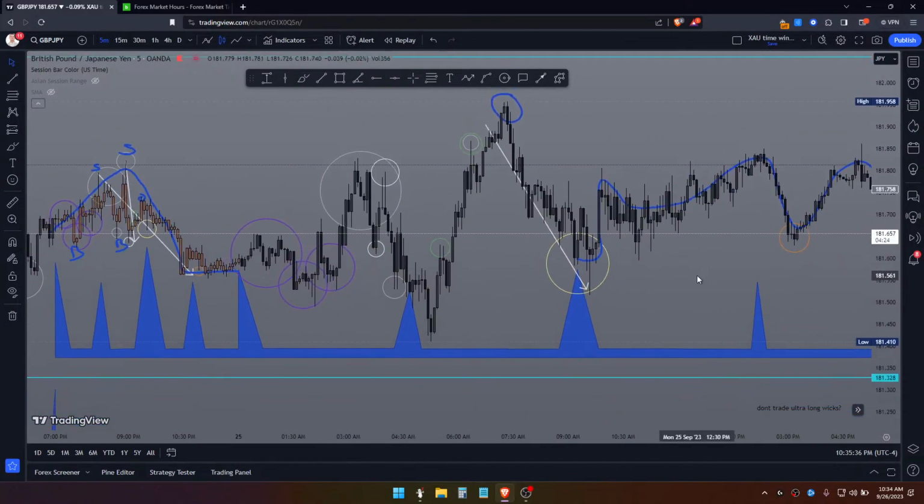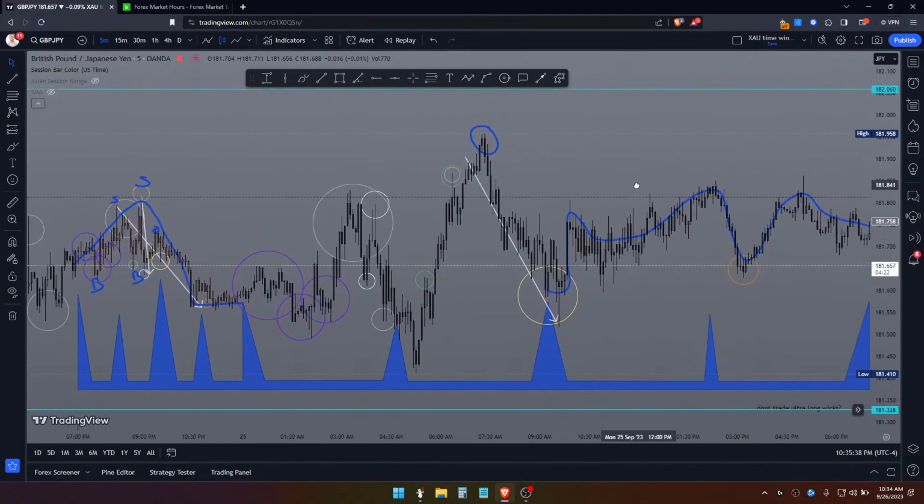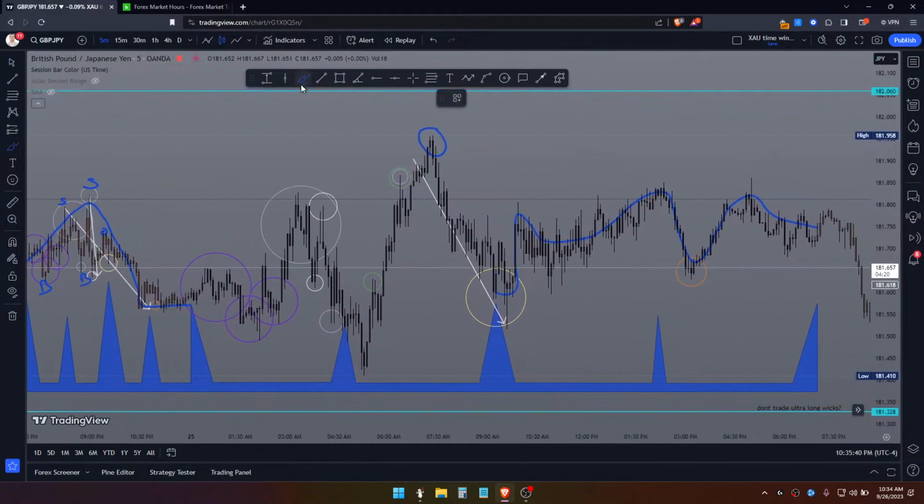So let's see if we get that overall look here. Kind of there. Yeah, so not completely. This is saying that it should have been going down here like this, like that.